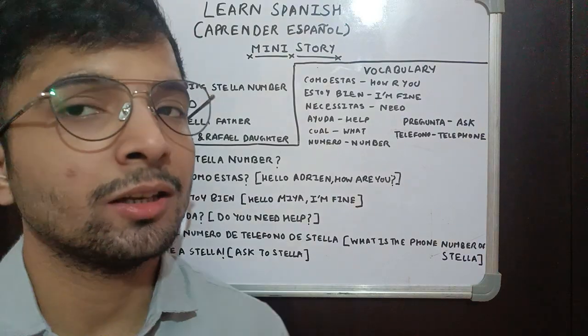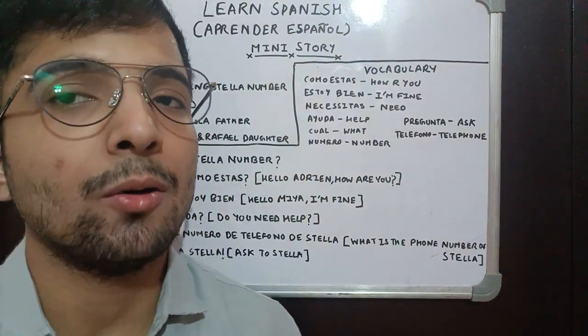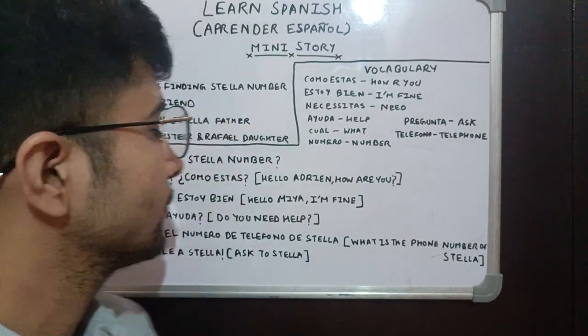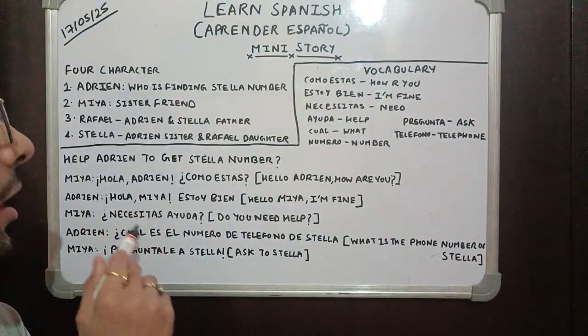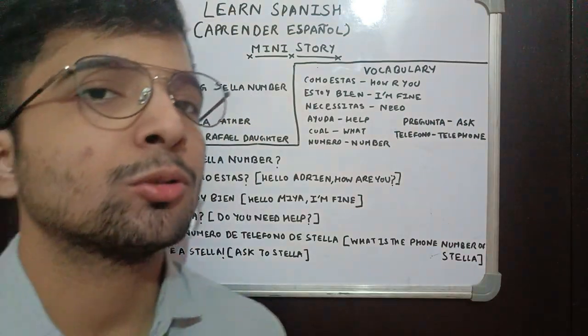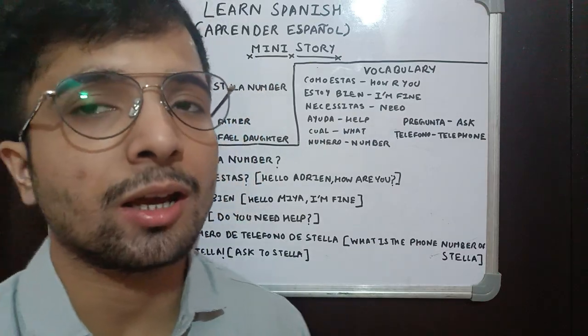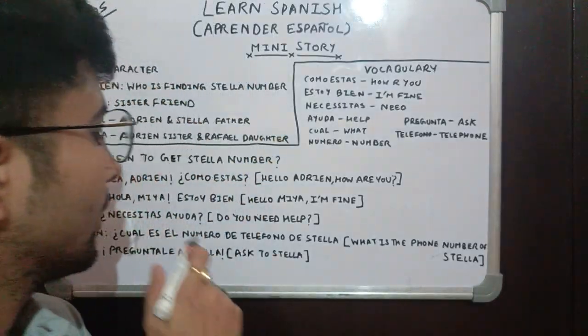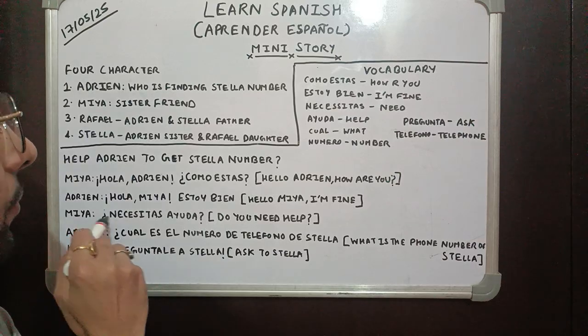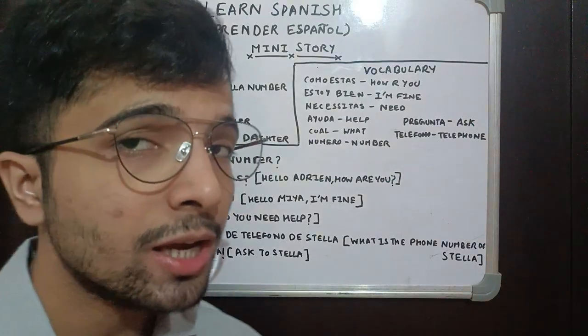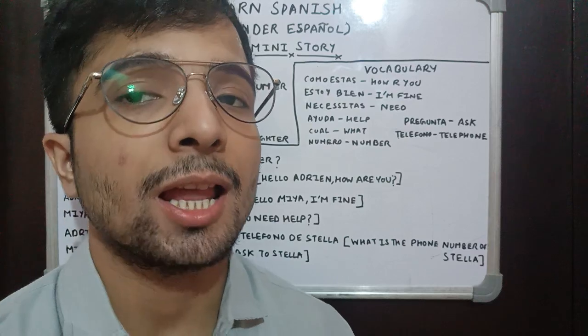Hola Adrian, ¿cómo estás? Hello Adrian, how are you? Then what did Adrian reply? Hola Mia, estoy bien. Hello Mia, I am fine. Then Mia, ¿necesitas ayuda? Do you need help?